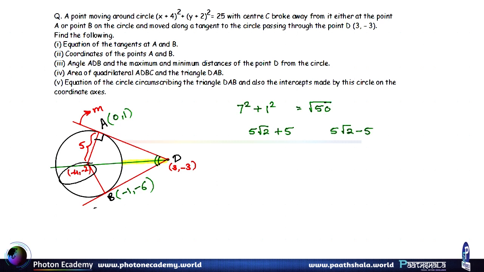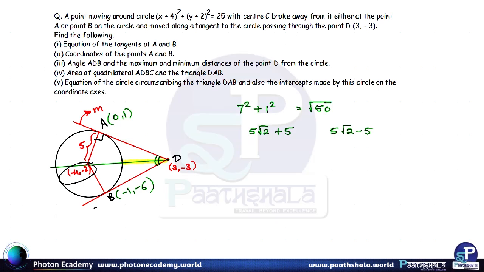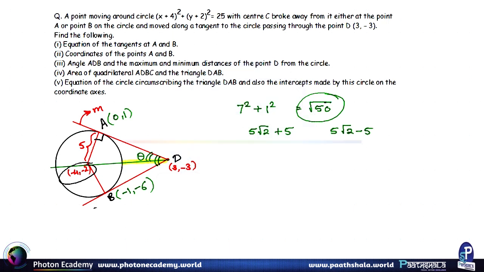Okay, so we know the distance between center and point D, right? It is root 50. So suppose this angle is theta, then sin theta is equal to 5 upon root 50.